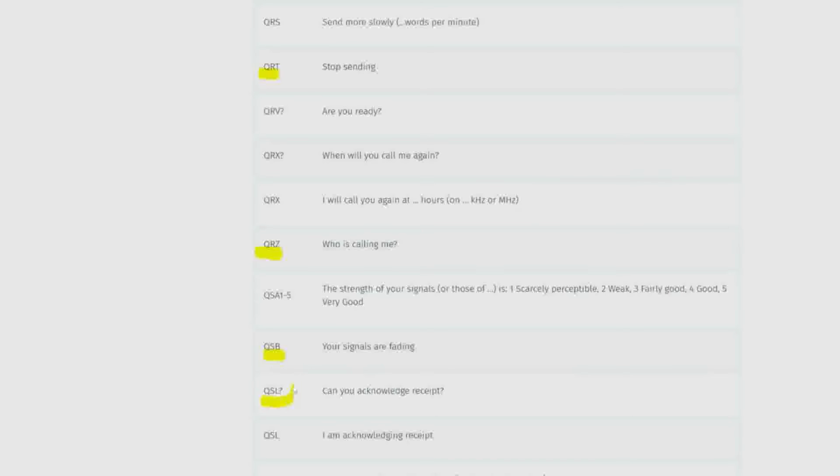QSL, in my view, is a very important one, because QSL means I heard and understood everything you said. There are some radio amateurs who really do like talking a lot, and they have an over, and they talk, and they talk, and you go and make yourself a cup of tea, maybe a scone with jam and cream, and you come back, they're still talking.